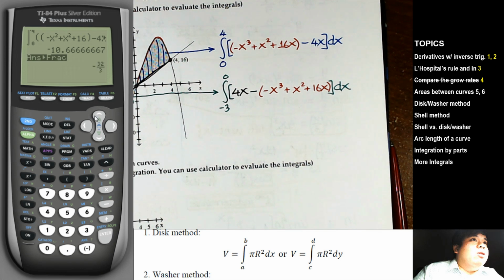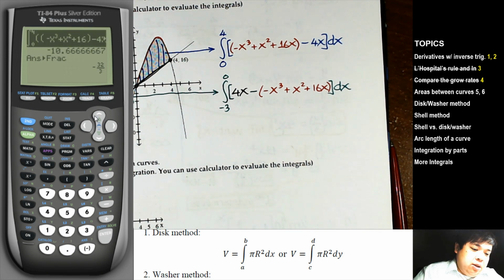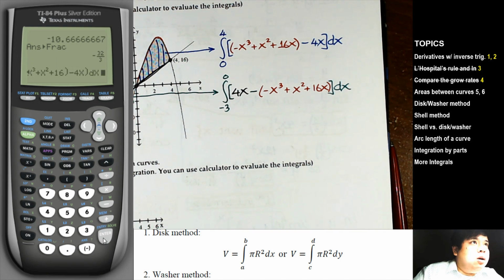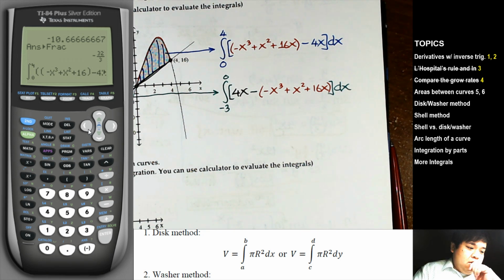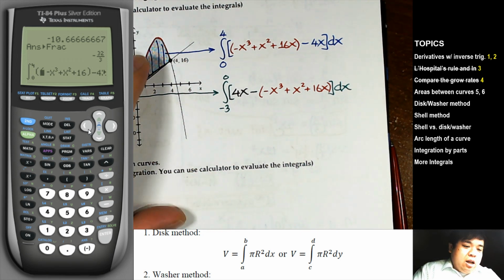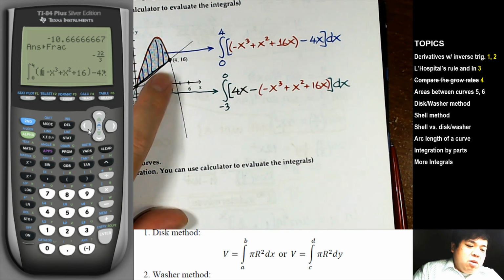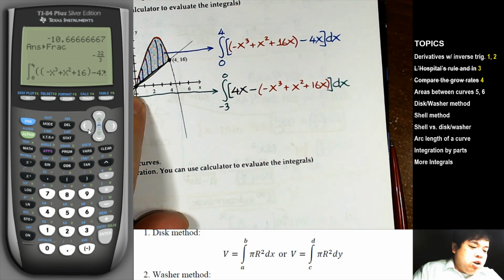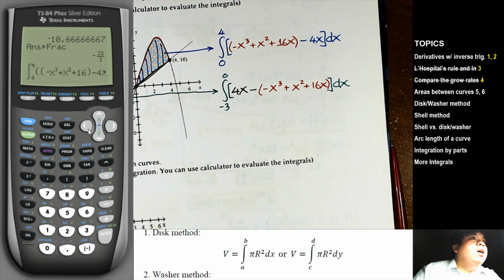I go back to the integral. Yeah, the curve above the line from 0 to 4.